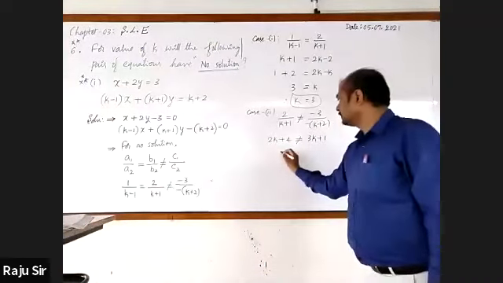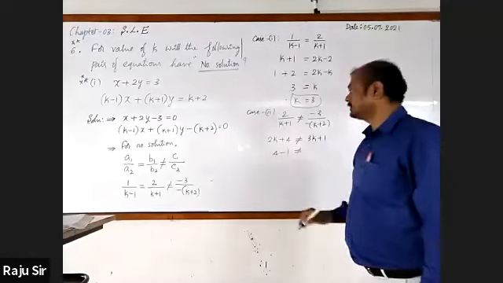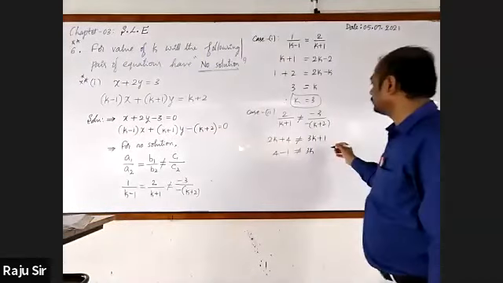Next, this is 4. Transfer 3 to the left hand side. 4 minus 3 is 1. Transfer 2k to the right hand side.